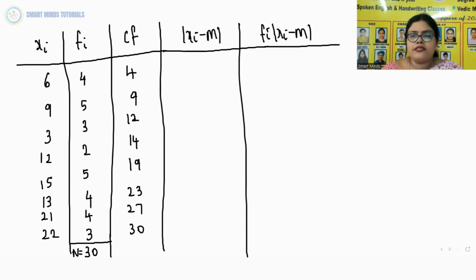Now we got N as 30. What is N by 2? Half of 30 is 15. In CF, you see which number is greater than 15. So it is this one. This is the median class.